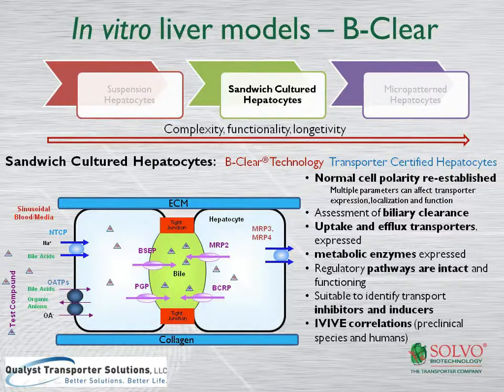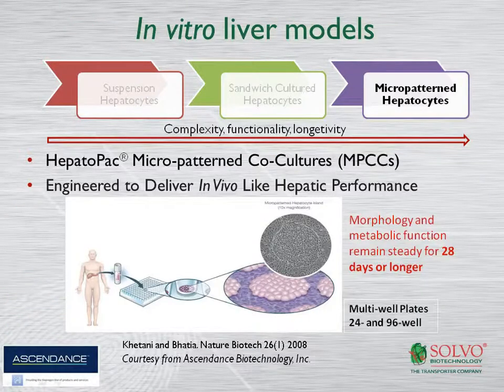And here I just want to switch back quickly to the hepatocyte system, because in the sandwich culture and also in the HepatoPac system, you can do all of these liver assessments in just one type of assay.